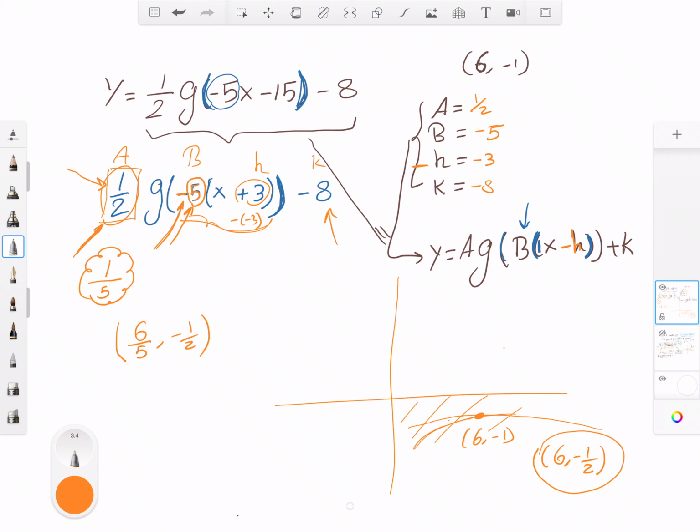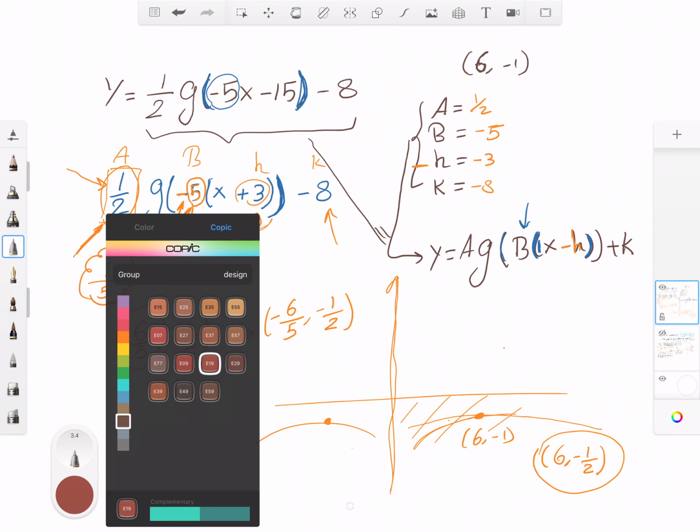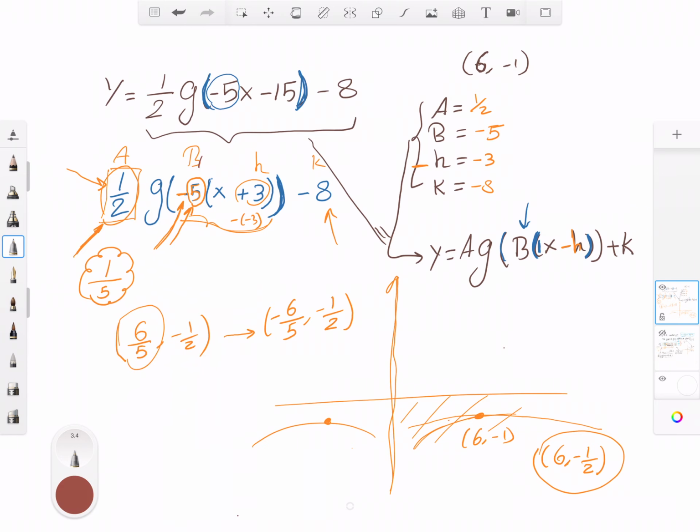So it's still in this quadrant. Now if you apply the negative, this negative will reflect over the y-axis. Everything will be over here. So this will be negative: (-6/5, -1/2). So now we are here.